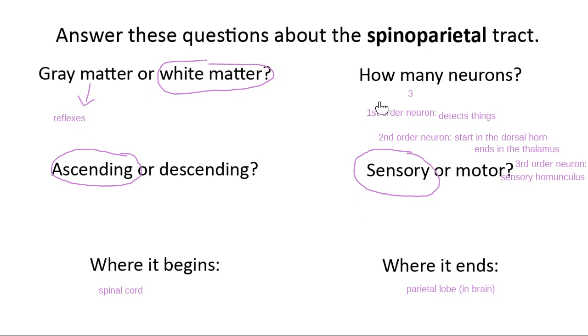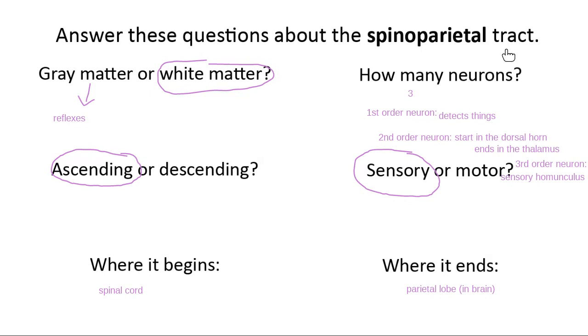So compare things like how many neurons we find in those kinds of tracts, what the names of the neurons are, what the neurons are doing or where they're going. Again, if we didn't make a table like that, you should definitely plan to do that, to compare and contrast.